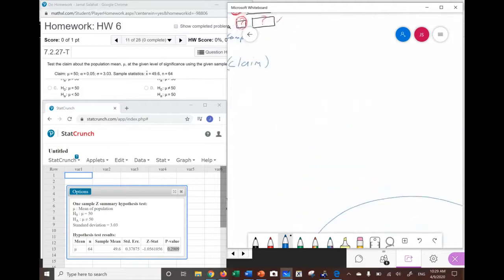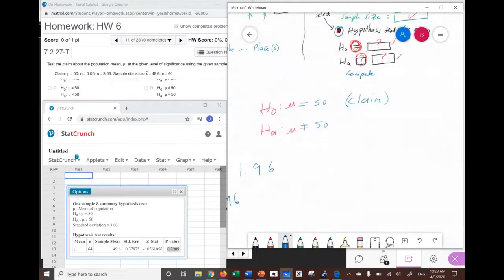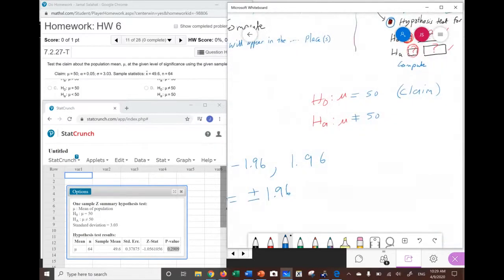So we're going to fail to reject this claim. When we fail to reject H naught, automatically we are failing to reject the claim. In other words, we fail to reject H naught and we are rejecting HA.